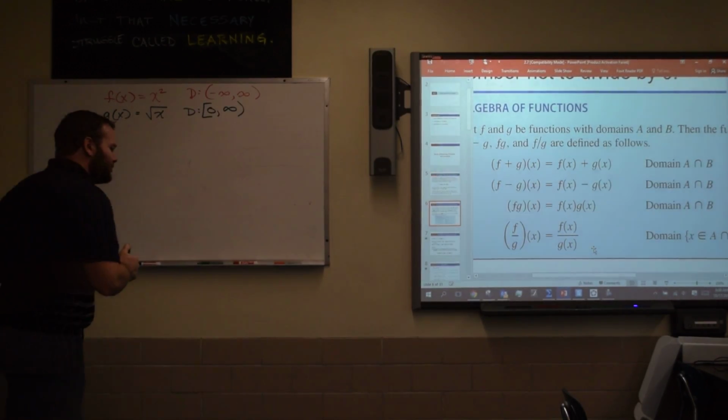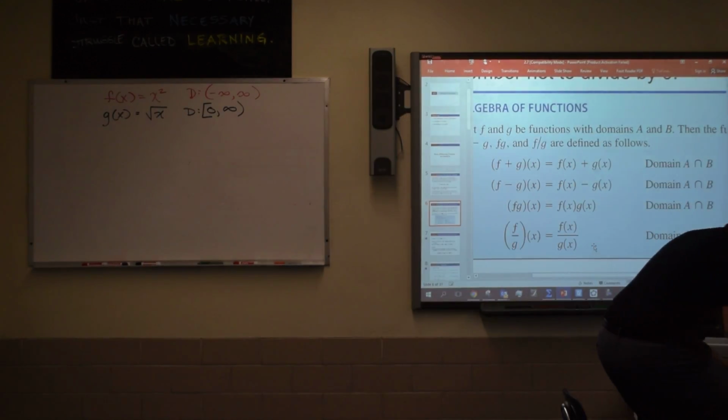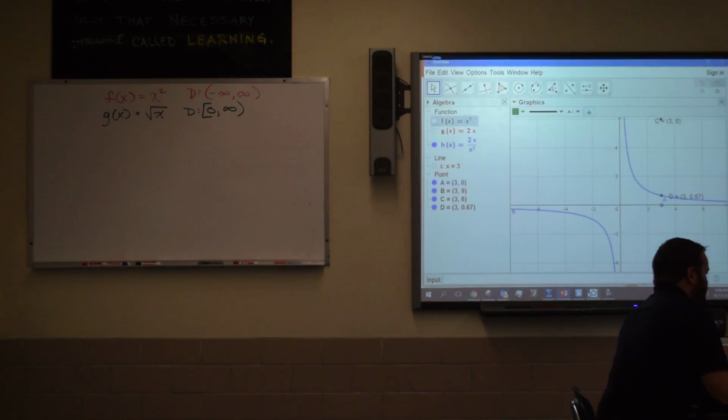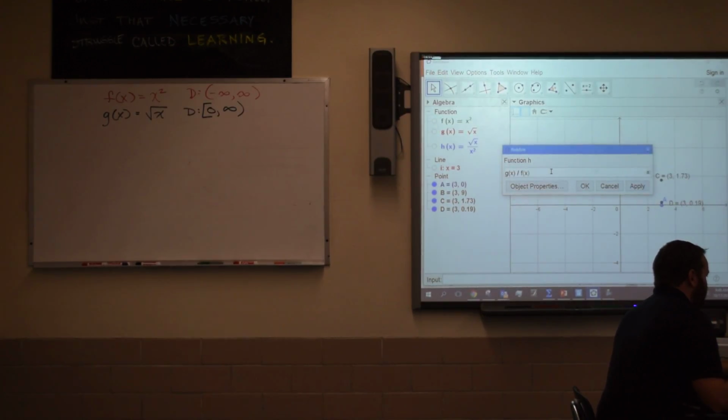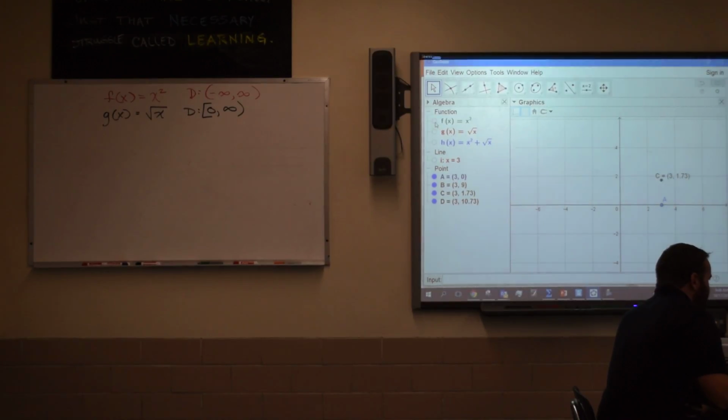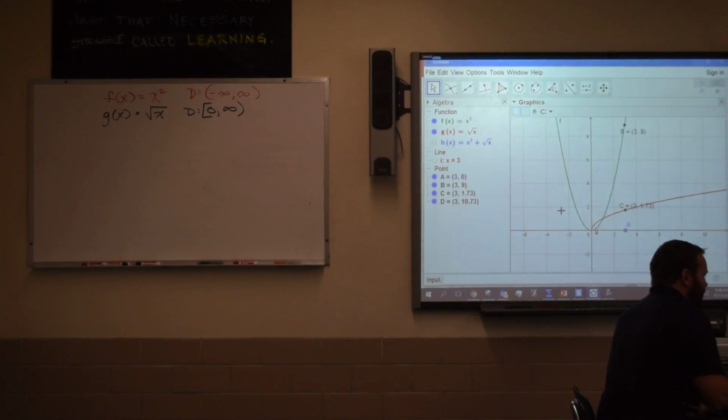Well, if I look at these two things together, going back to the way I set this up might be really useful for this idea. So f of x is x squared, but g of x is the square root of x. And now let's take f of x, and do the easiest operation, plus g of x. I think adding is probably the easiest thing for us to do. Those are the two initial functions, right? And I look at taking these points here.